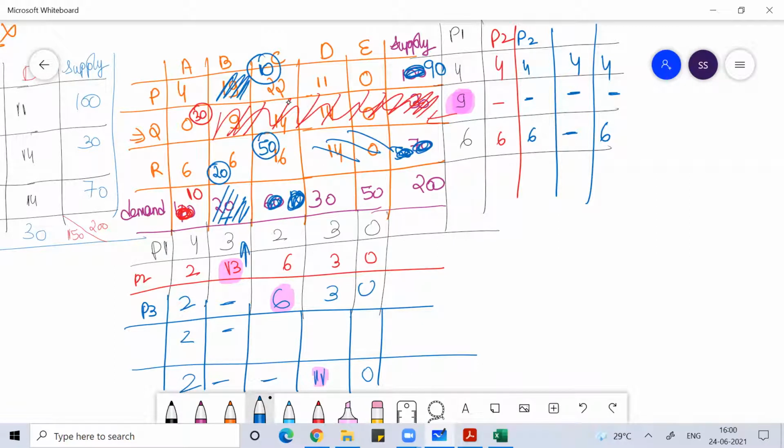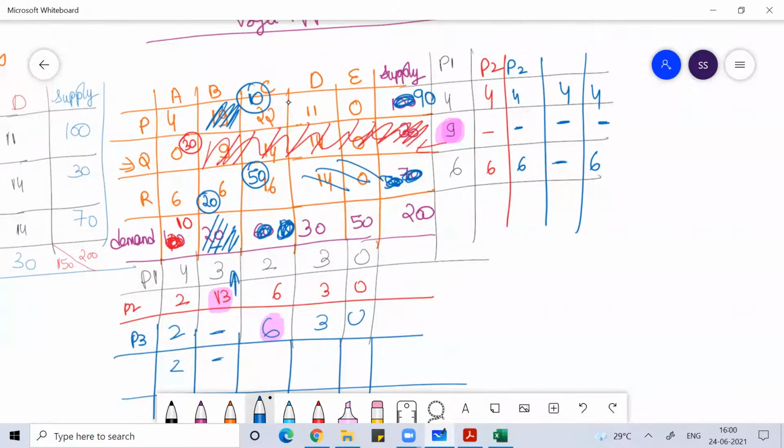Here the supply is 90, demand is 30, so I'll put 30 here. What is left is 60. Now if you see, first column 2, first row 4, third row 6.